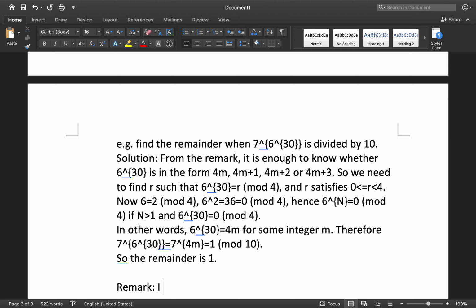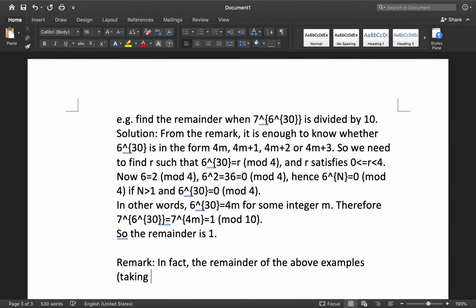In fact, you notice that the remainder of the above examples, taking modulo 10, always gives you the unit digit of the original number.